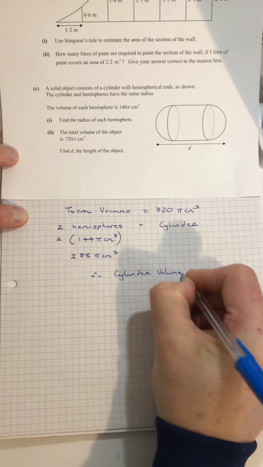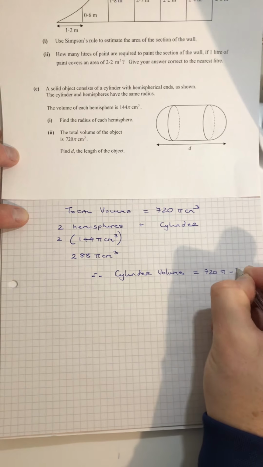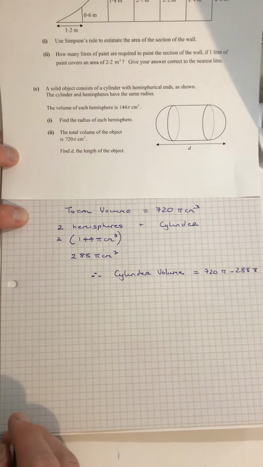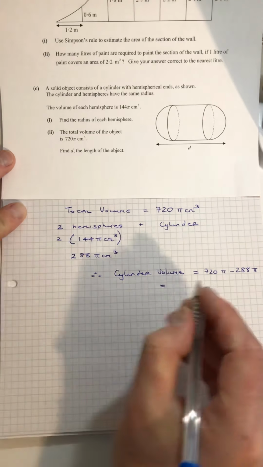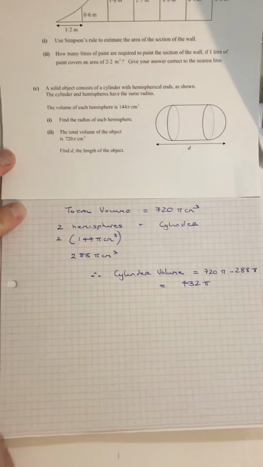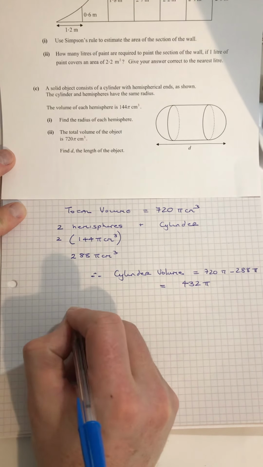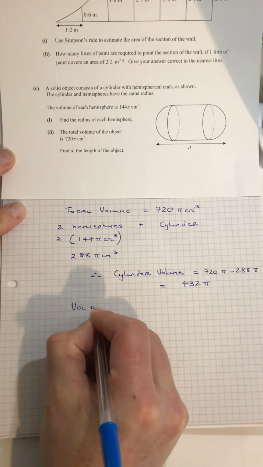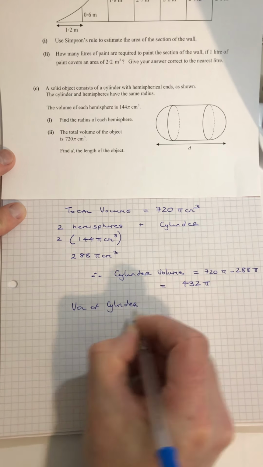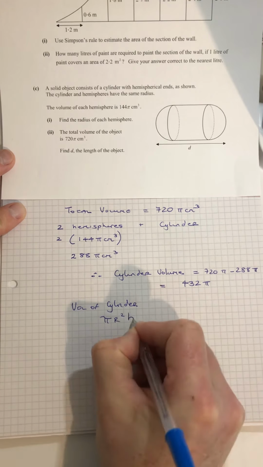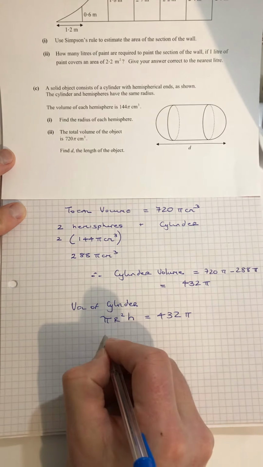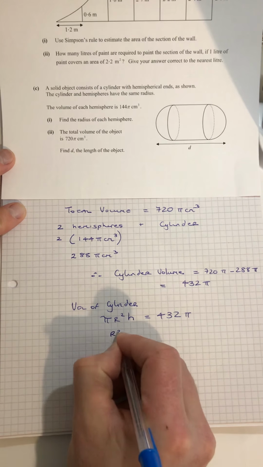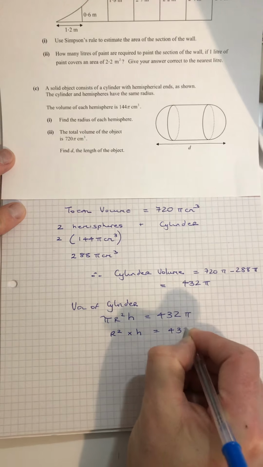So therefore, the cylinder volume is equal to 720 pi minus 288 pi, which is equal to 432 pi. So the volume of a cylinder is pi r squared h is equal to 432 pi. So pi can cancel, so r squared times h is 432.